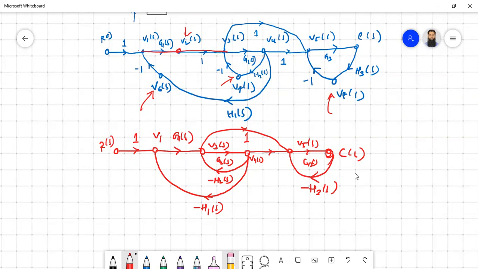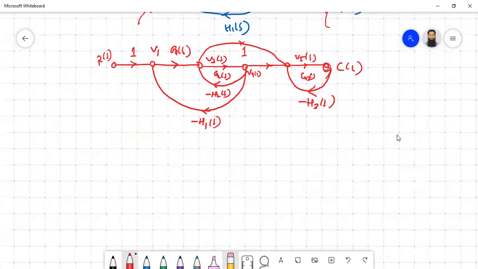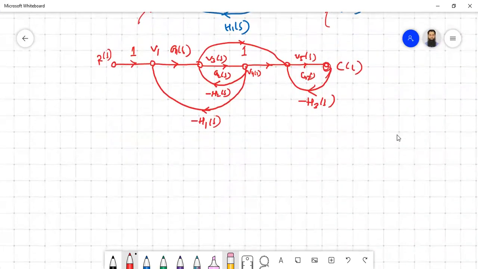The next thing is, if you have the signal flow graph, then how to apply the formula to find out a single block transfer function, basically input and output. What in this case we are interested is input you have, output you have, only one gain block.